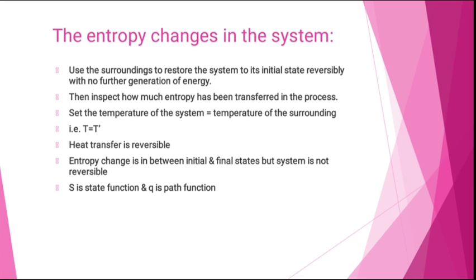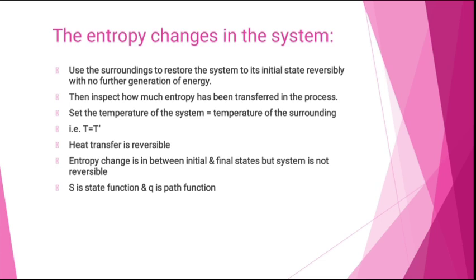In the previous lecture we saw the definition of entropy: entropy is a measure of disorder. For example, we have taken water. Initially take ice. After providing heat to this, it is converted into liquid, and then again providing heat to the liquid, it gets converted into vapors.